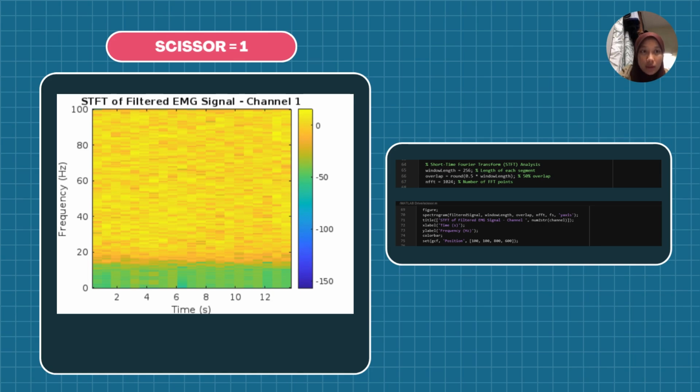From this visualization, we can observe that most of the energy is concentrated in the lower frequency range, which is common for EMG signals. The variations in intensity indicate changes in muscle activation.